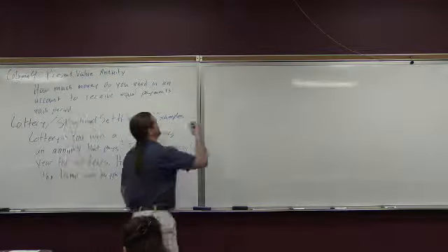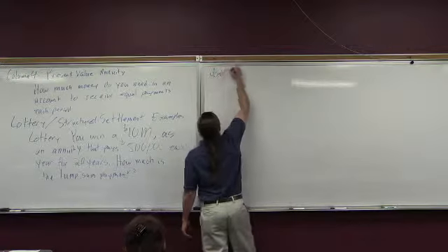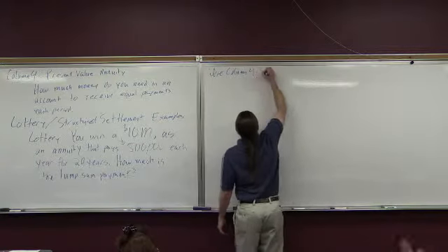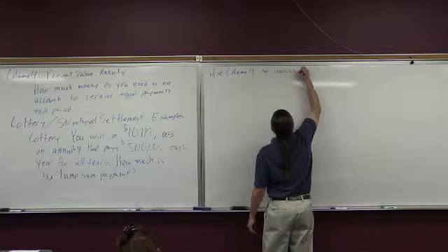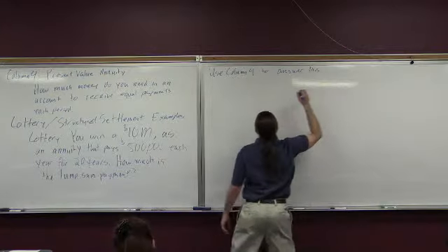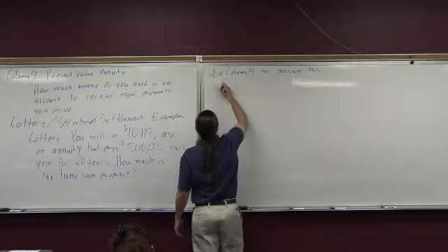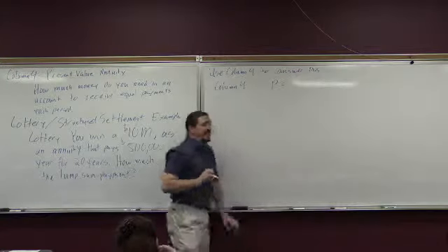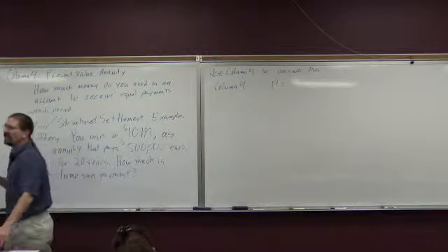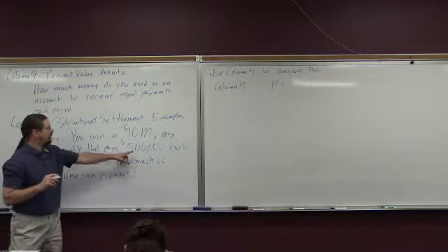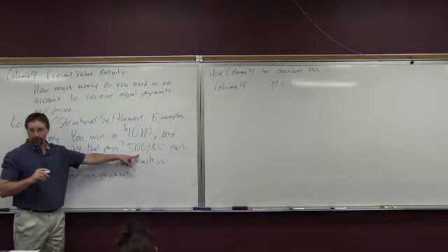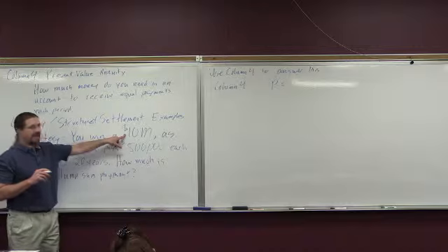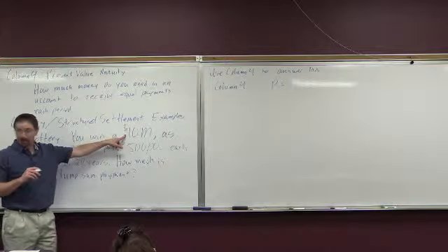All right, so we use column 4 to answer this. Column 4. P, when you're dealing with P, folks, it is the amount you get paid each period. So don't mistake it as the $10 million. That's wrong.